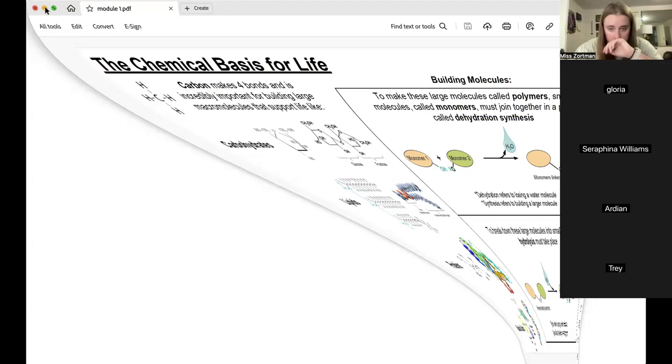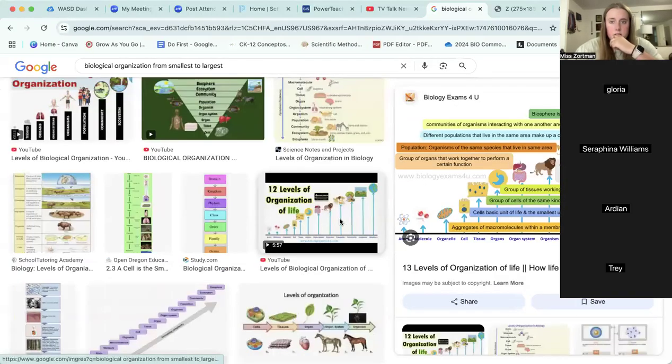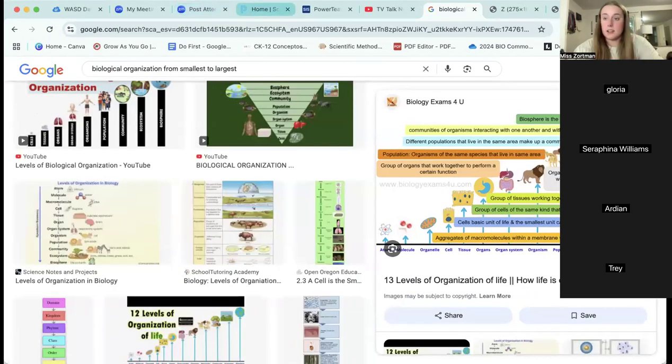Okay, that works. I'm just gonna share and hope it starts looking clearer. All right, so hopefully you can see kind of my little Google search there, just the fastest way to get an image.